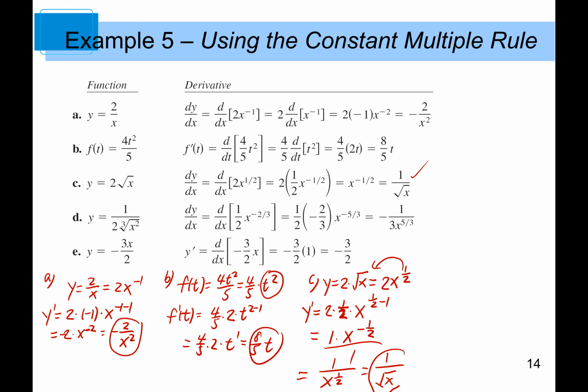And second to last, d. Y equals 1 over 2 times cubic root of x squared. First of all, turn into exponents, so it becomes half times x to the negative 2/3.